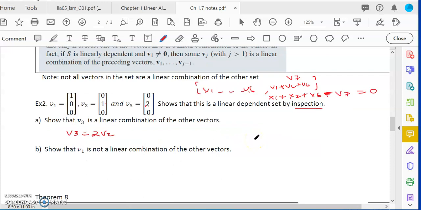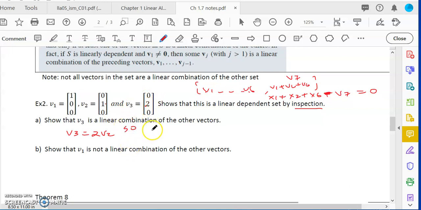Okay, example, we have 3 vectors: 1 0 0, 0 1 0, very easy, and 0 2 0. Obviously you can see that vector v3 is 2 times vector v2, right? 2 times 0 1 0 is 0 2 0.